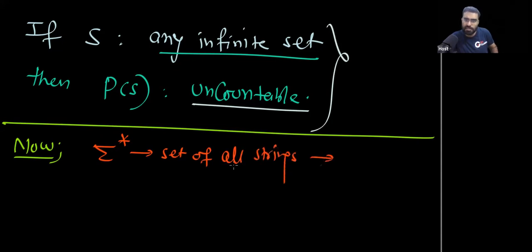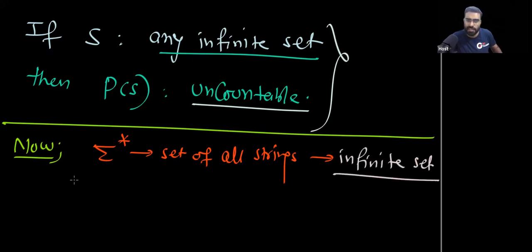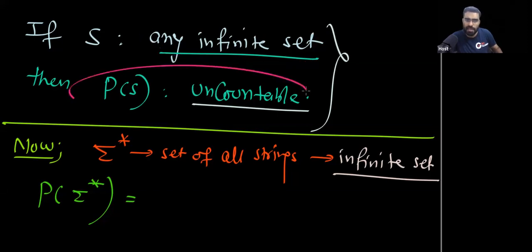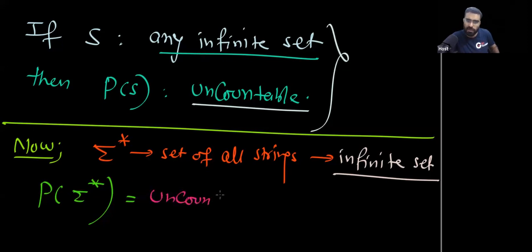It is countably infinite, but it is an infinite set. So if this is an infinite set, what can you say about the power set of sigma star? If S is an infinite set, then the power set is always uncountable. So the power set of sigma star will be uncountable.